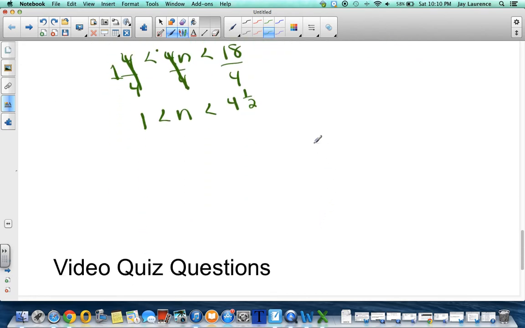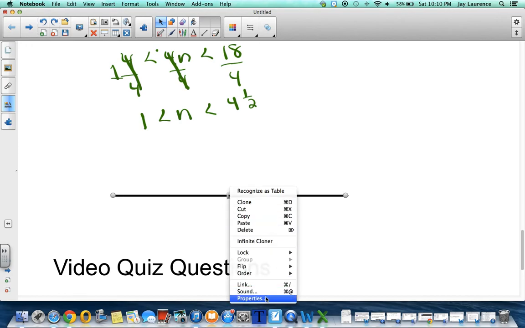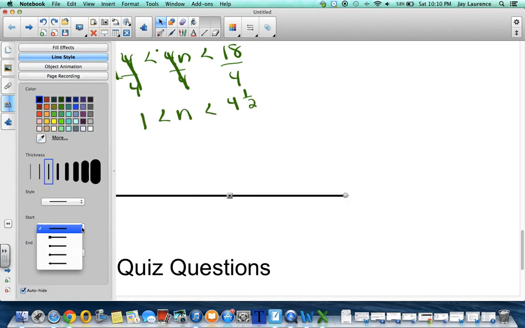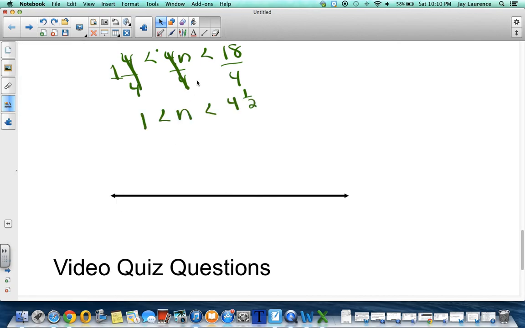All right, so my number line is going to look like this. And let me see here. All right, and I'm going to show 1. I'm going to show 4.5.